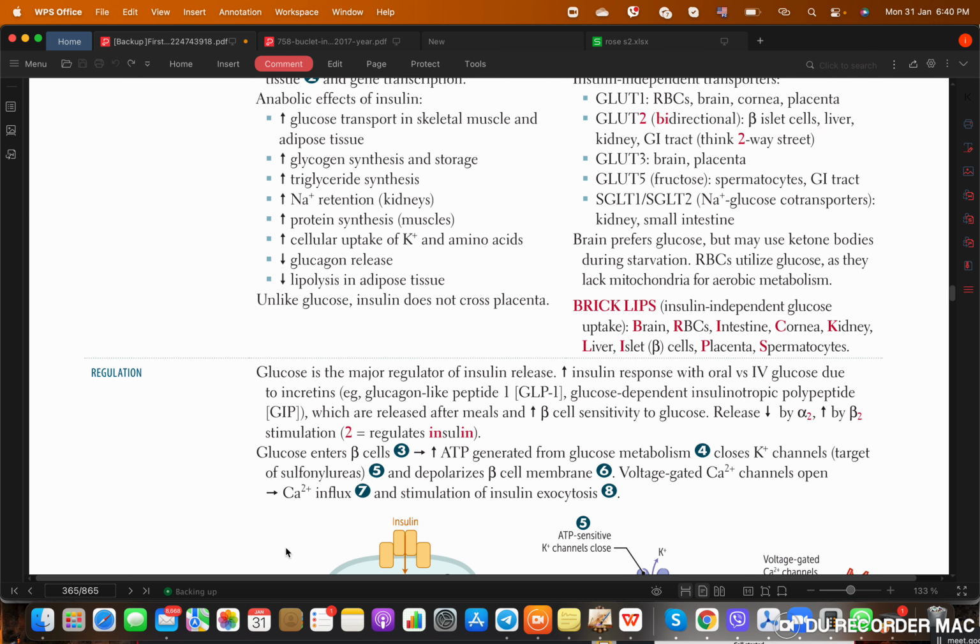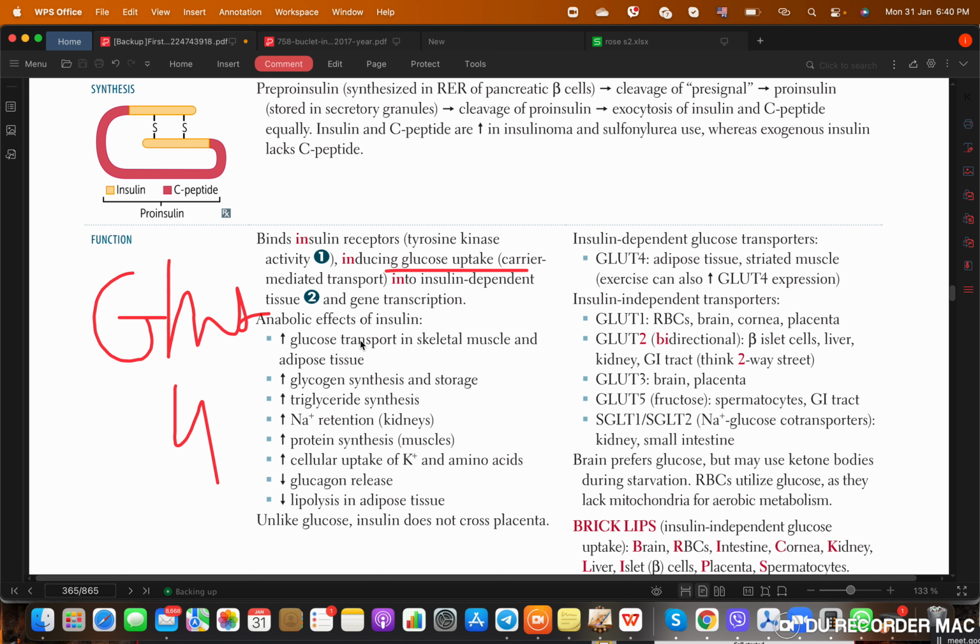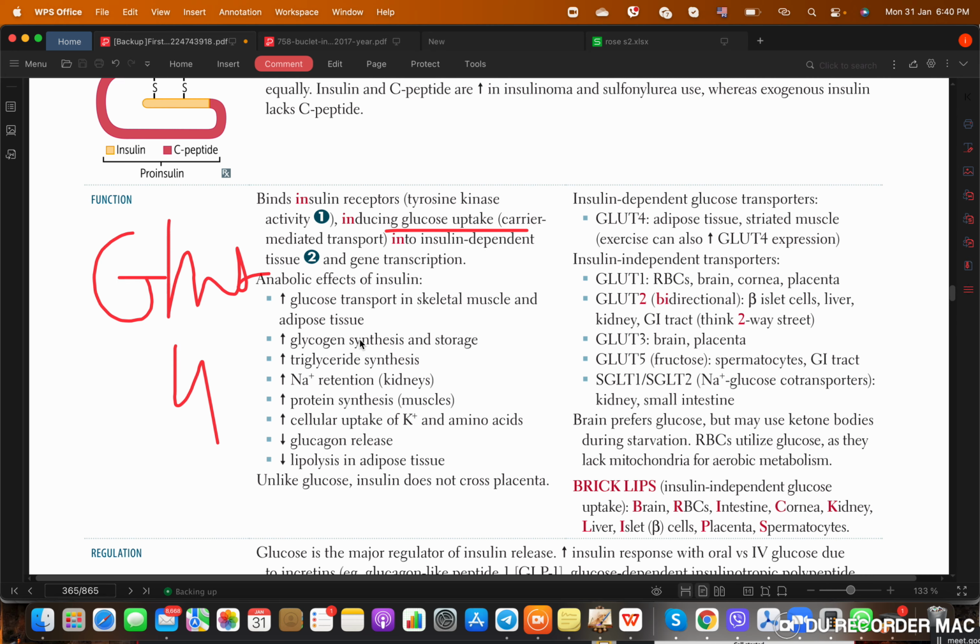So they write, it binds the insulin receptor, the insulin tyrosine kinase activity, inducing glucose uptake, which is a carrier mediated transporter using the GLUT4, yes, into insulin dependent tissue, and also gene transcription.